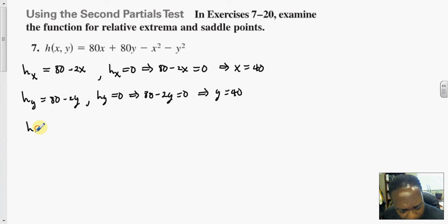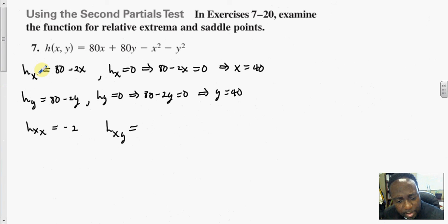Now we find the second partials. Look at the partial of h with respect to x, and then we take that derivative again with respect to x. It gives us negative 2. Then the mixed partials. You recall, the second mixed partials are the same. So we have here the partial of h with respect to x.